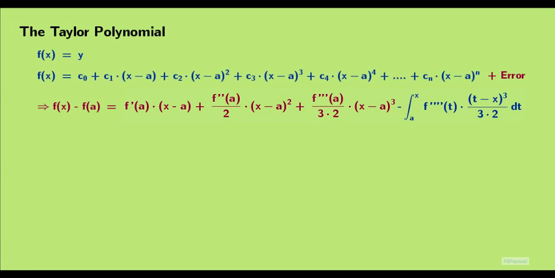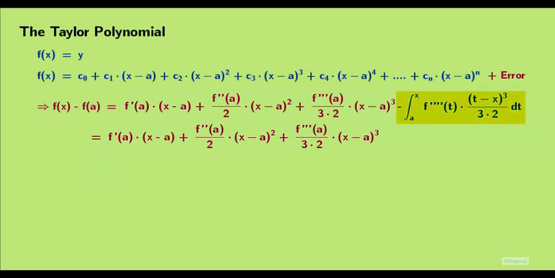One notices a recurring theme here. To add more terms to the Taylor polynomial, we use integration by parts. Applying integration by parts on this integral, the next term should be f quadruple prime at a times the fourth power of the quantity x minus a divided by 4 times 3 times 2, or 4 factorial.